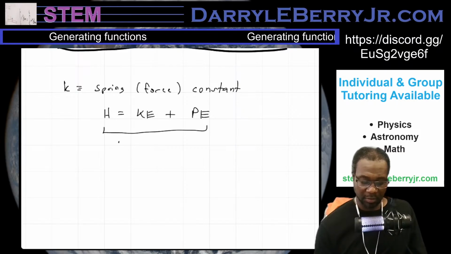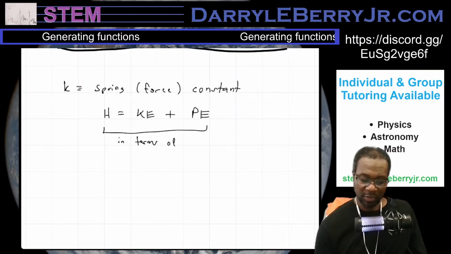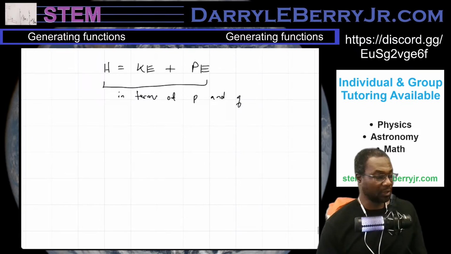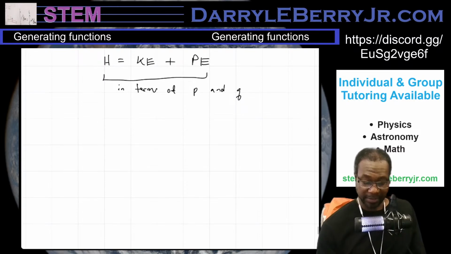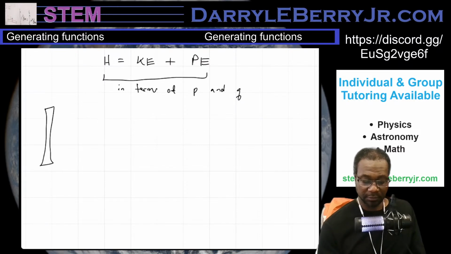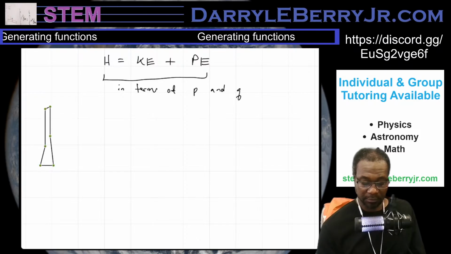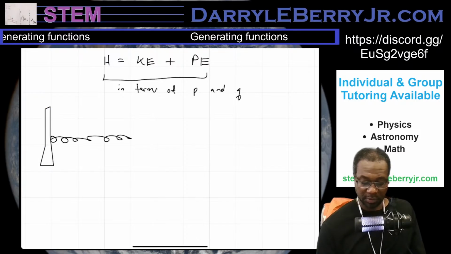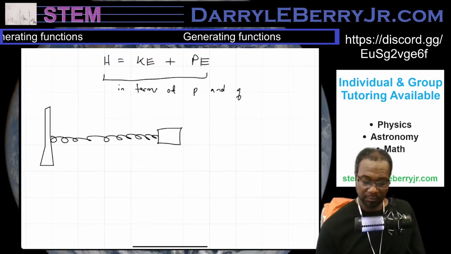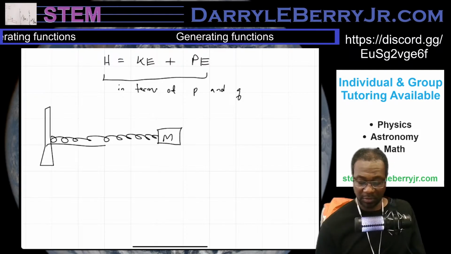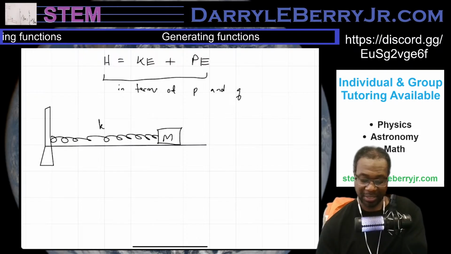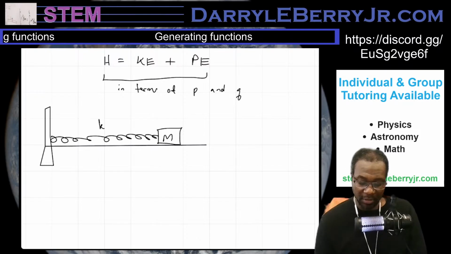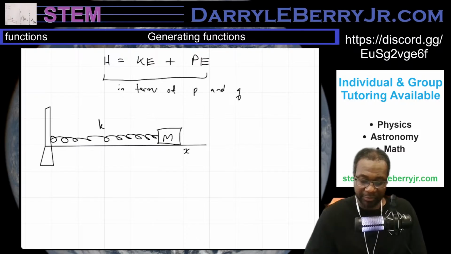We need it in terms of p and q, which I think I'm going to do slightly differently from the book. So let's say that we have a spring coming out. This is our mass. This is the base upon which it sits. The spring has spring constant k, and it's on the ground, x.